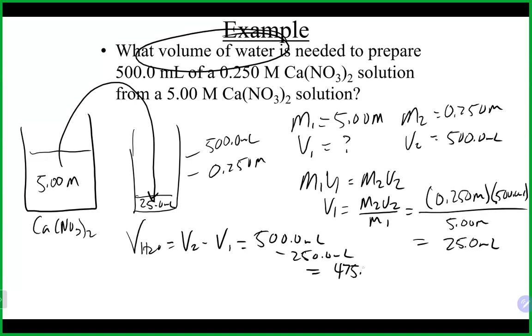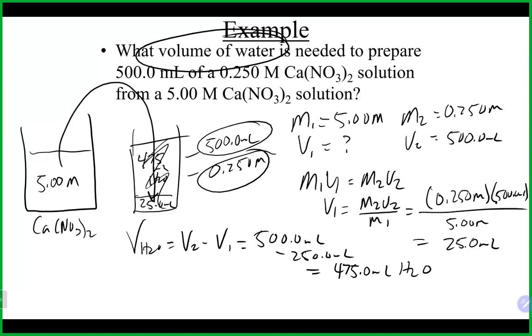So 475 milliliters of water goes in with it. Mixing it up will give us our total volume of 500, and at that point, you should have a concentration of 0.25 molar. Any questions on that?